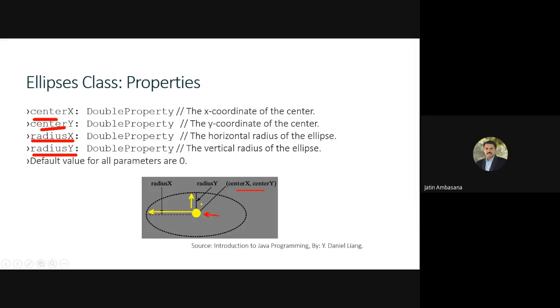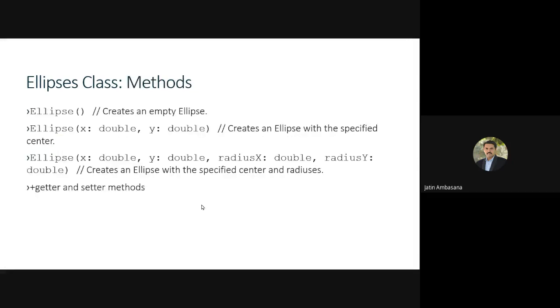So the ellipse class methods are basically like this. These are the ellipse constructors: no argument constructor, constructor with X and Y as center, and ellipse constructor with X, Y as center, the radius for X and radius for Y.